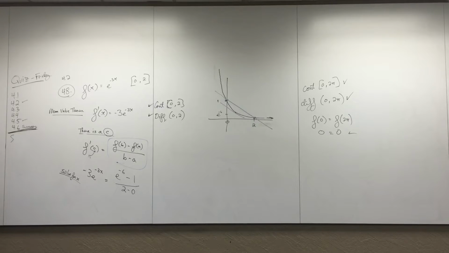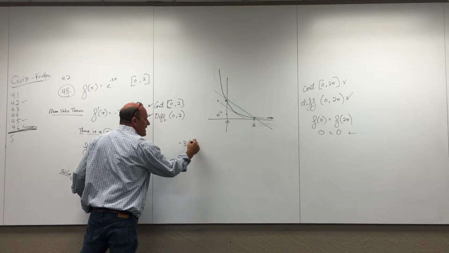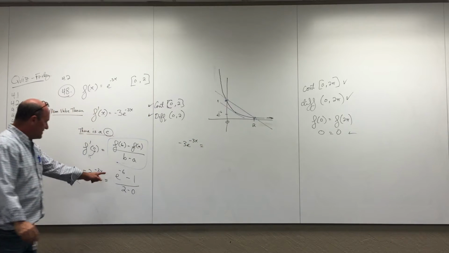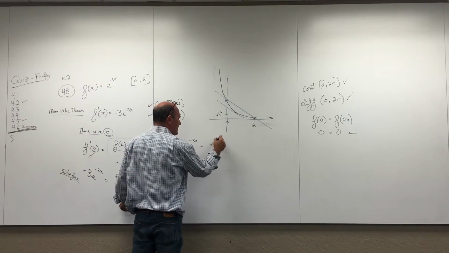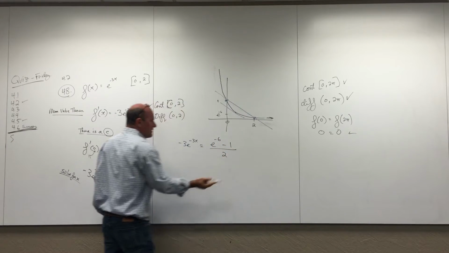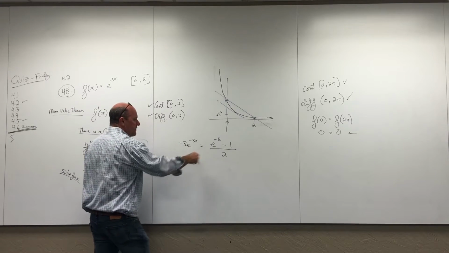All right, so now it's algebra. I'll move over here where I got a little room. This is negative 3 e to the negative 3x. What is this? e to the negative 6 minus 1 all over 2. I'm just going to keep it like that. So how do I solve for x? Divide by a negative 3. Is that okay with you?